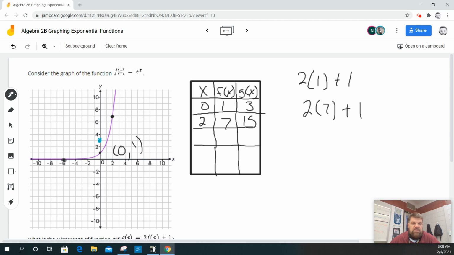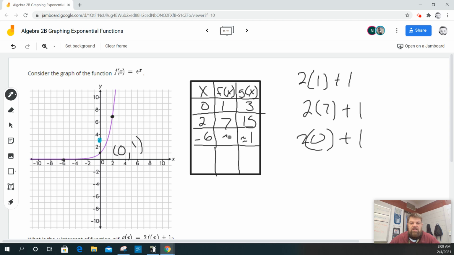If I picked out one of these values here, it's not quite equal to 0. It'd be like some weird decimal. But if I were to put -6, it's pretty darn close to 0, and 2 times pretty close to 0 is going to be pretty close to 1. Right, because 2 times 0 plus 1.